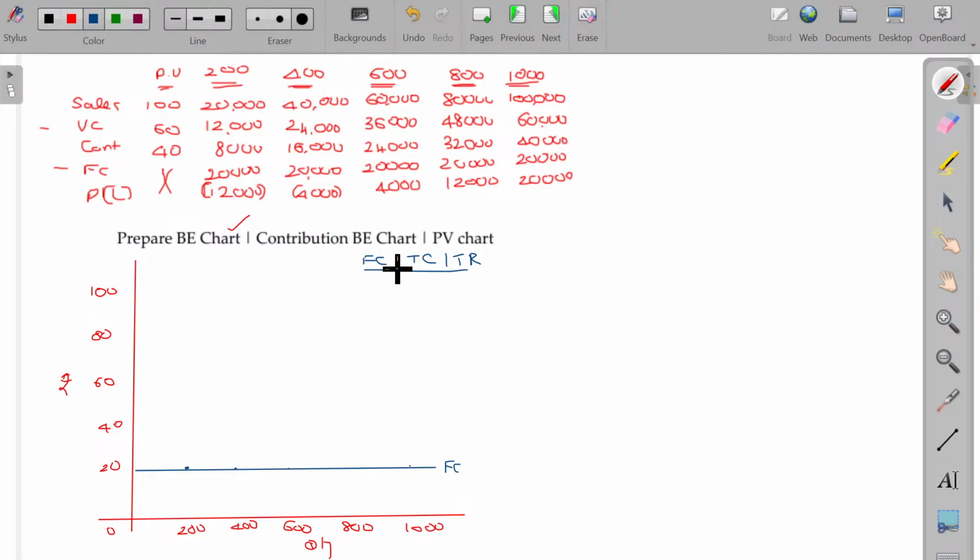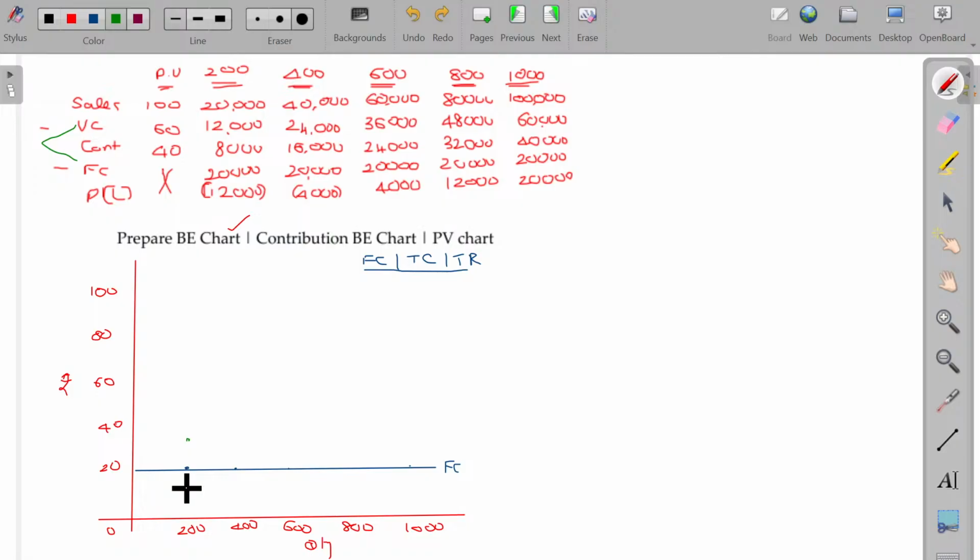Then total cost. I am going to plot the total cost here. Total cost being the summation of these two, variable cost and fixed cost. 12 plus 20, how much? 32,000 at 200 units. Roughly here.